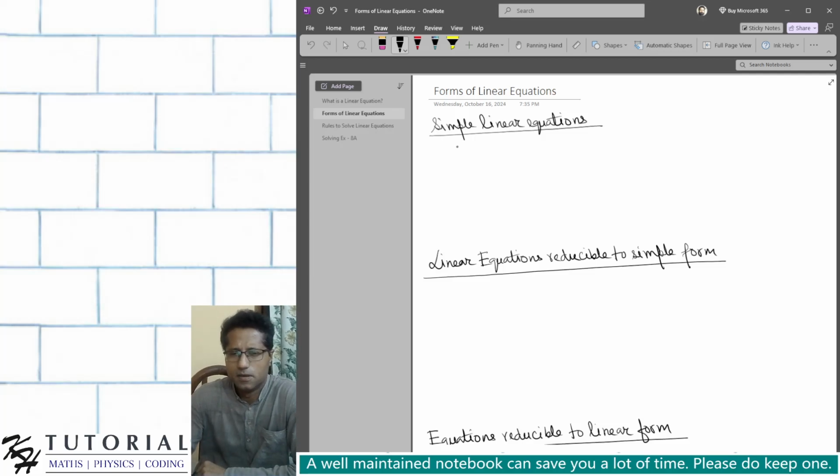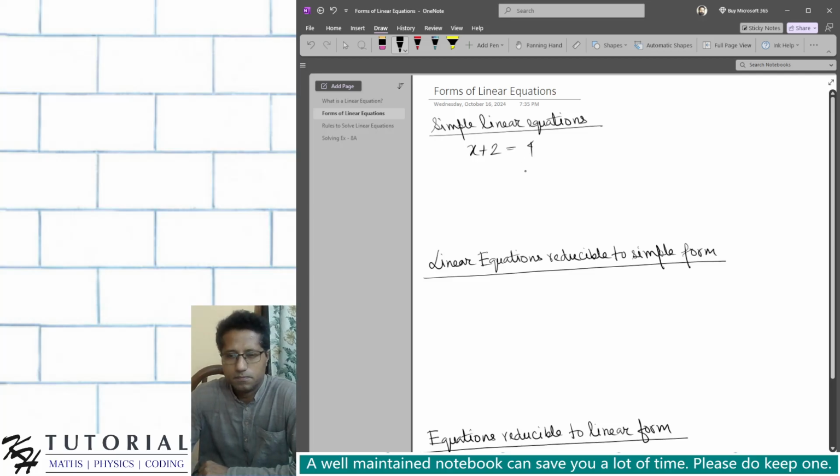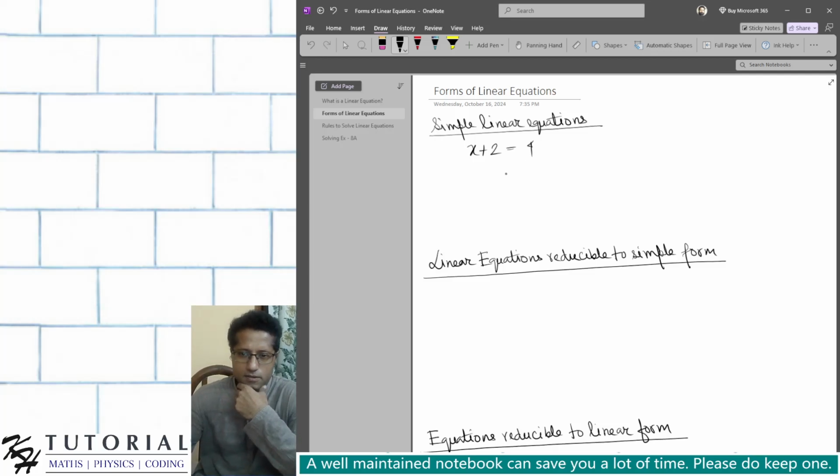Either the LHS or RHS is a linear polynomial in one variable. So this is x plus 2 is equal to 4. This is a form of simple linear equations where the variable is on the left hand side. That is, the LHS is a linear polynomial in one variable and the right hand side is a constant.